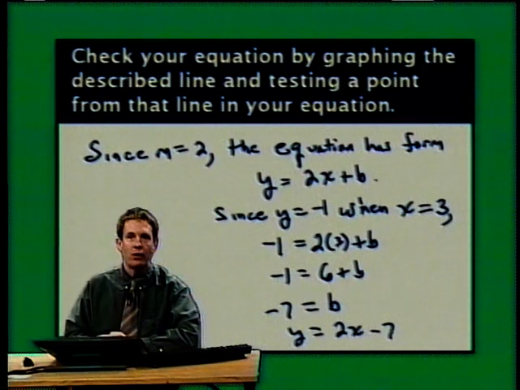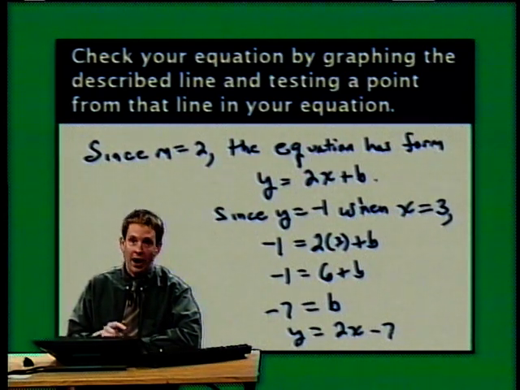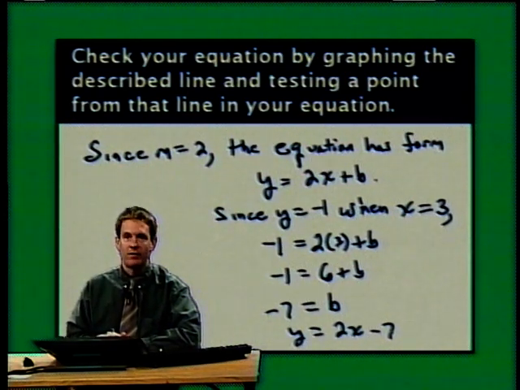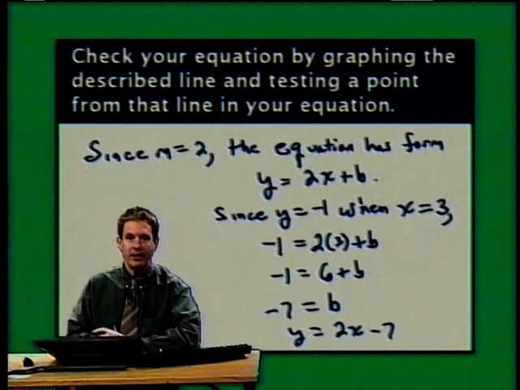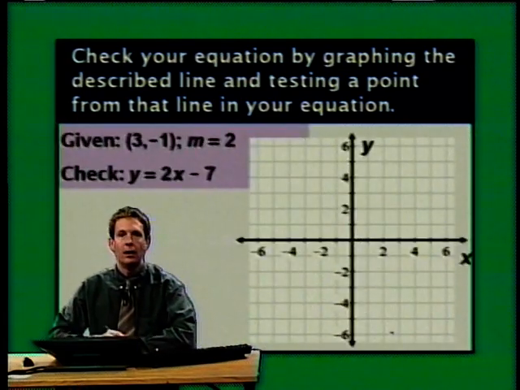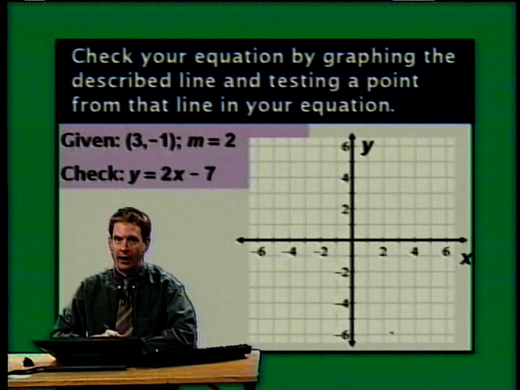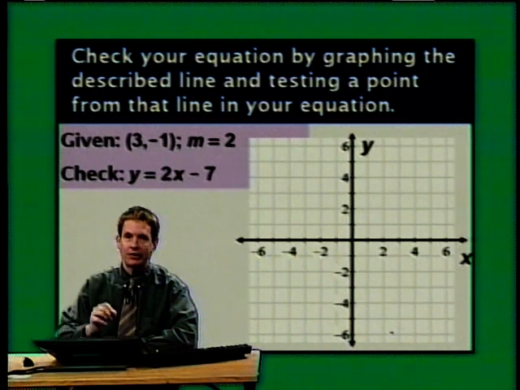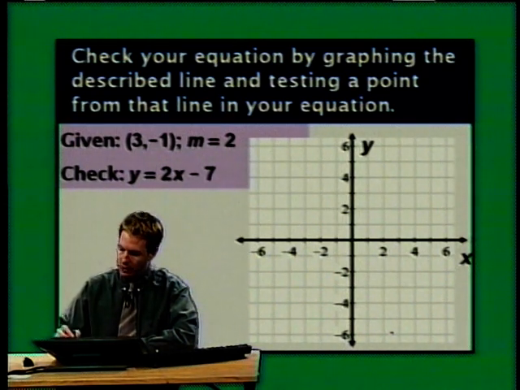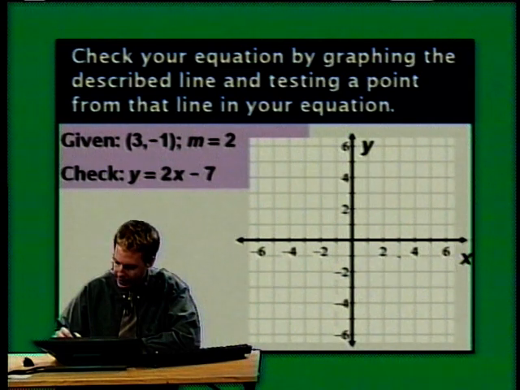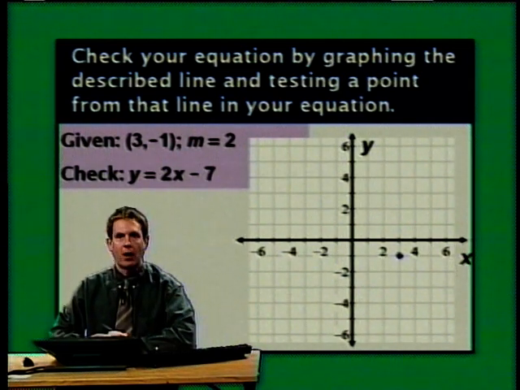Let's check our equation by graphing the described line and testing a point from that line in our equation. So the described line was the line that passes through the point (3, -1) with a slope of 2. That's what I'm going to graph. So I'm going to go to the point (3, -1), and I'm going to draw a line through that point that has a slope of 2.